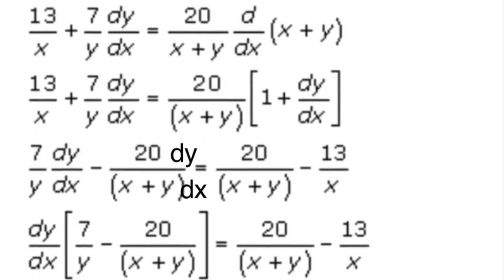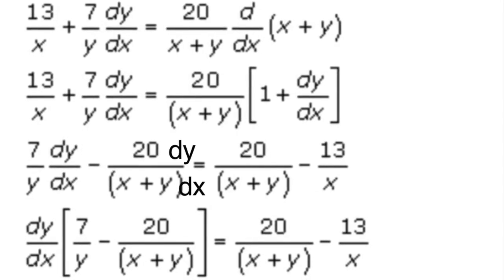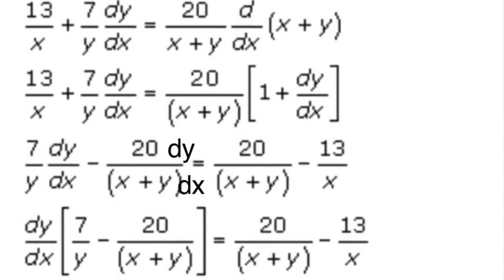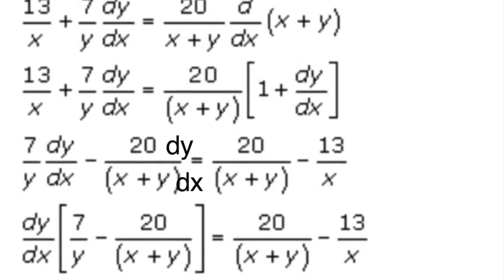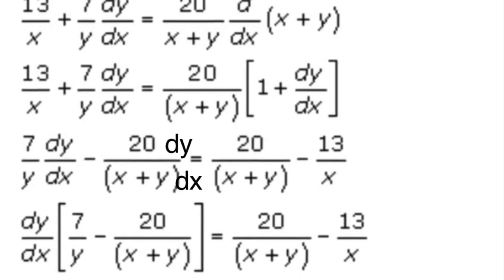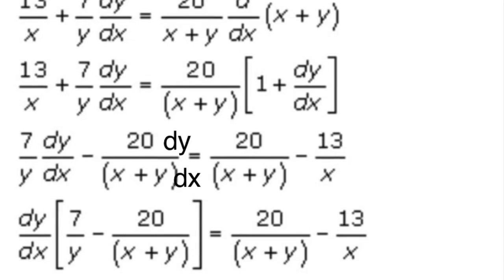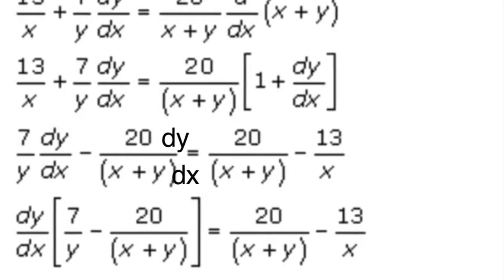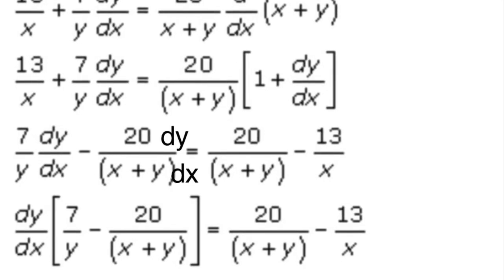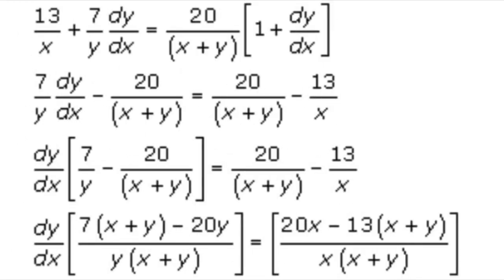Now take dy by dx common. So we get dy upon dx into, in the bracket, 7 upon y minus 20 upon x plus y equals to 20 upon x plus y minus 13 upon x. Now we are going to simplify the brackets.